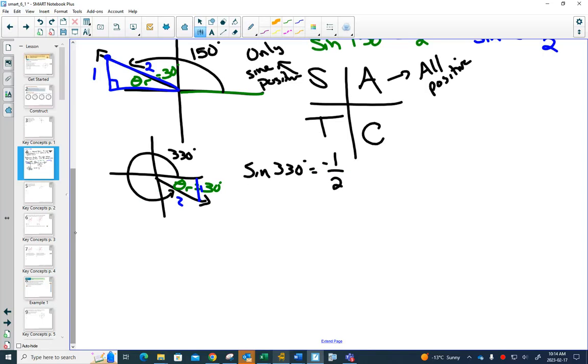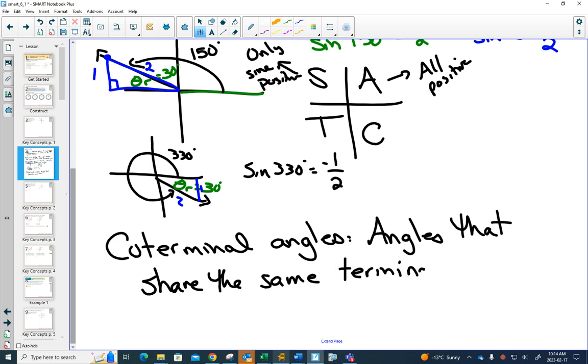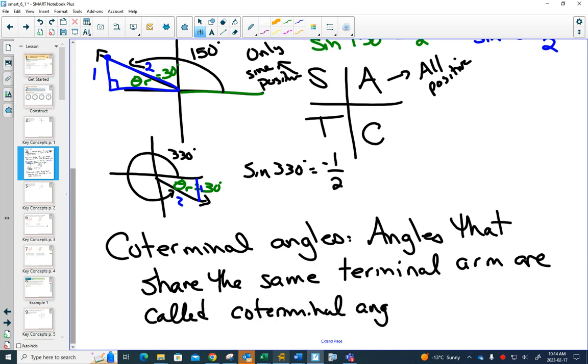Okay? A third definition, this one might be new, not from grade 11. Coterminal angles: angles that share the same terminal arm are called coterminal angles.